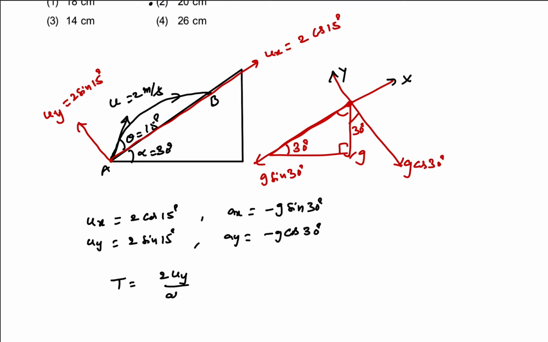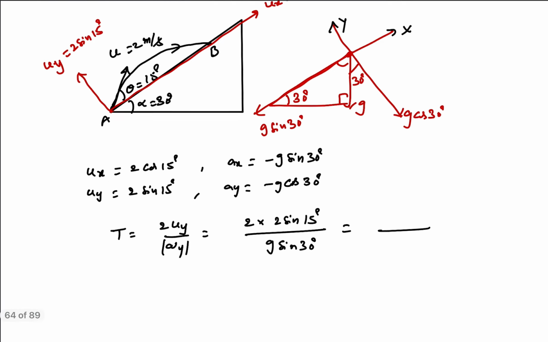Time of flight is 2 uy divided by the magnitude of ay. That is 2 into uy, which is 2 sine 15 degrees, divided by the ay value, g cos 30 degrees. You calculate this value. Next, for range, r is equal to ux t plus half into ax into t square.